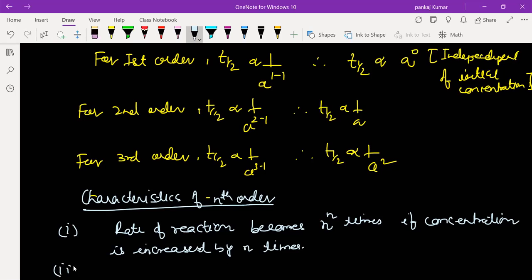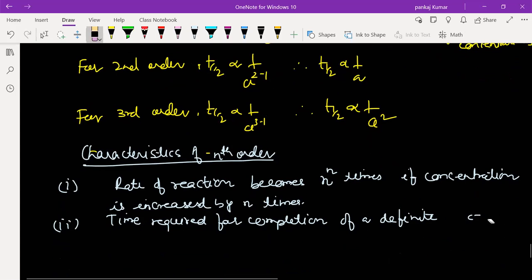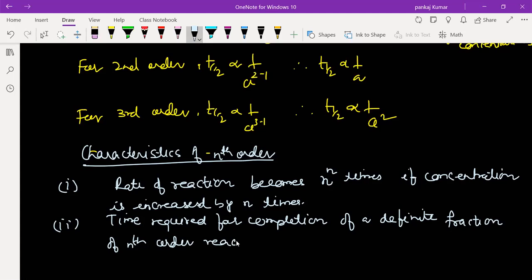This is one point. Second point is the time required for the completion of a definite fraction, not reaction, of nth order reaction is proportional to a to the power n minus 1.